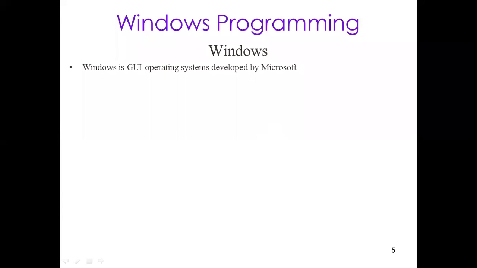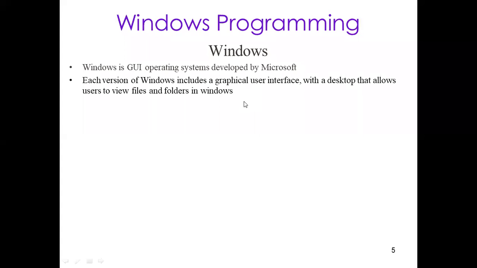Windows is a graphical user interface where the user can interact with the system graphically. It is used as an operating system, developed by Microsoft in the early 1980s.